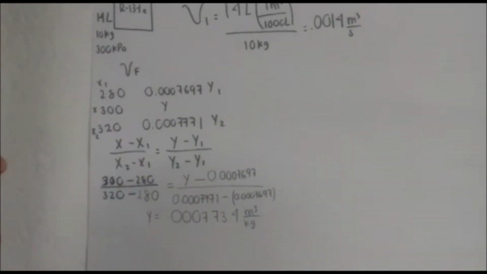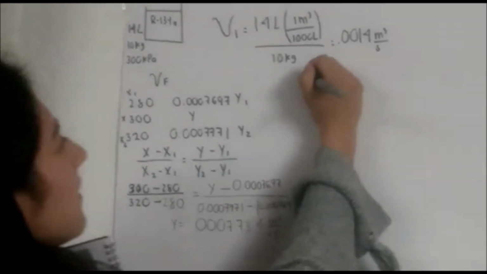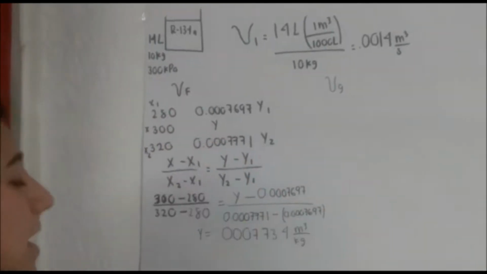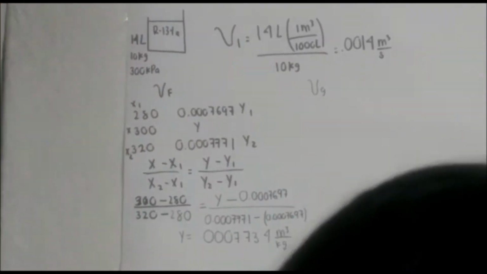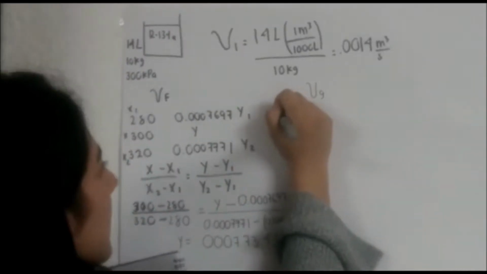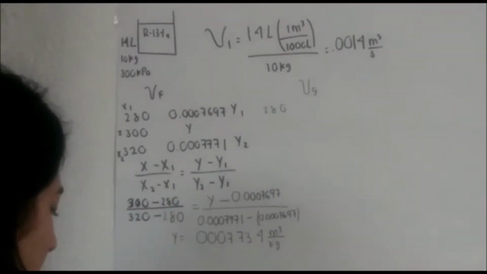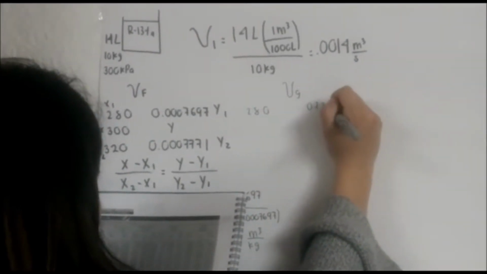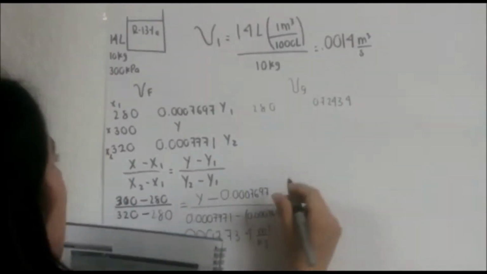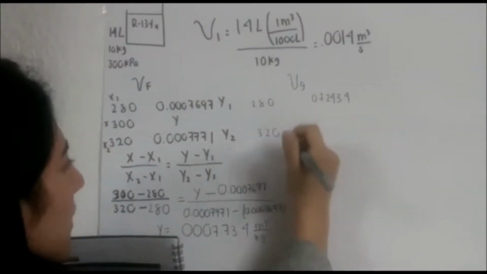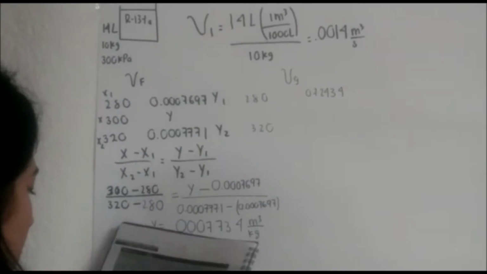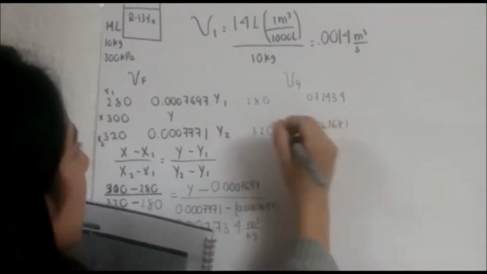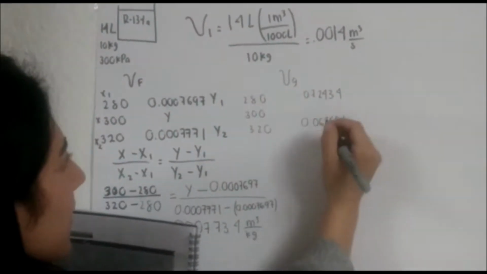So we have to do the same for our vg. We look for the values in the tables, and for 280 our vg is 0.072434, and for 320 it's 0.063681. So we have to look for our 300.